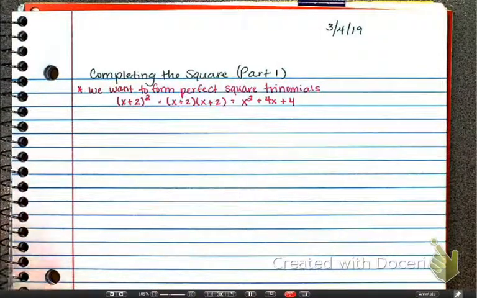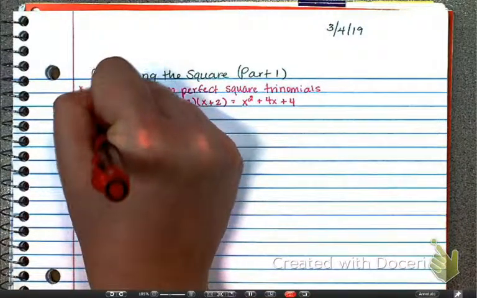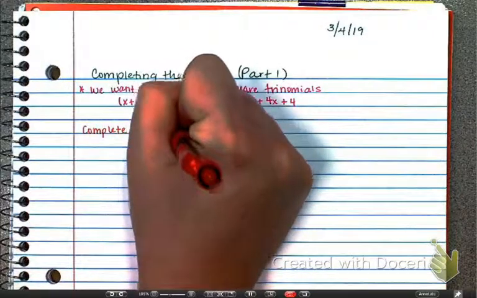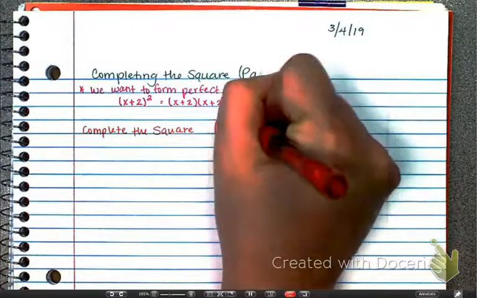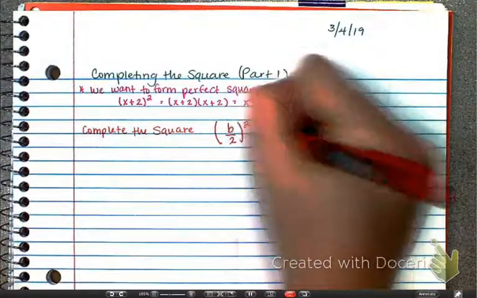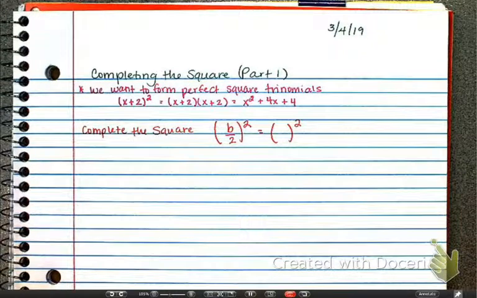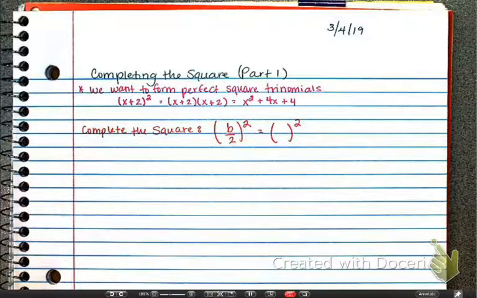Now we have a little formula, I guess, that we use. So for complete the square, we are going to use b divided by 2 squared. And then we'll ultimately get something squared. Okay? So to complete the square, we're going to use b divided by 2 squared. You need to know that. I wouldn't call it a formula, but you need to know this.